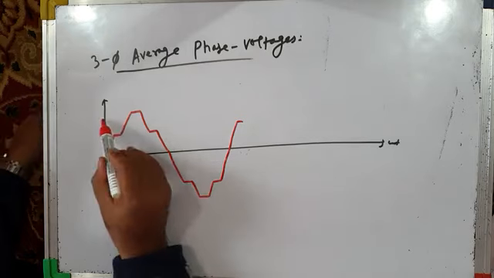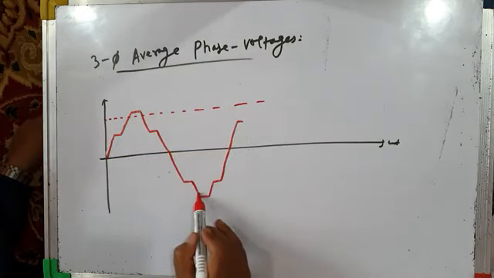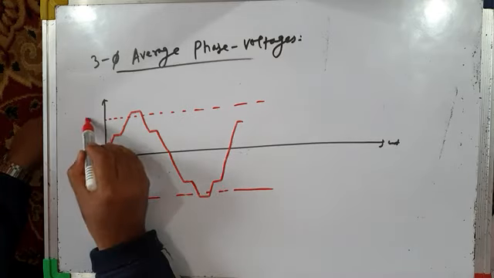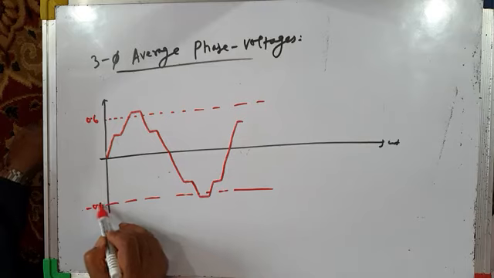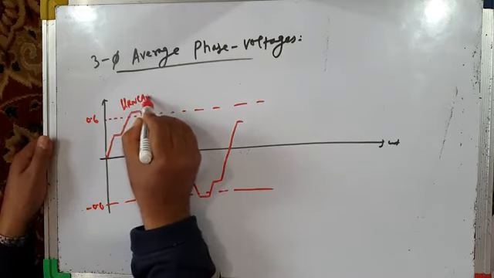Okay, this is 0.6 here. So it is more than 0.6. Its positive and negative peaks are more than 0.6. This is 0.6, minus 0.6. So this is phase voltage or line to neutral voltage, VRN average.